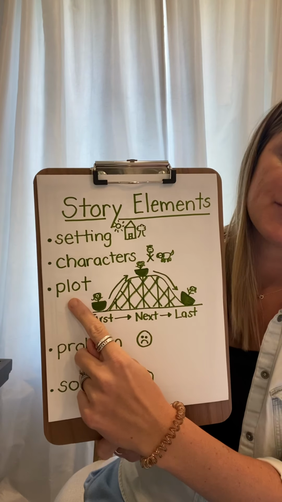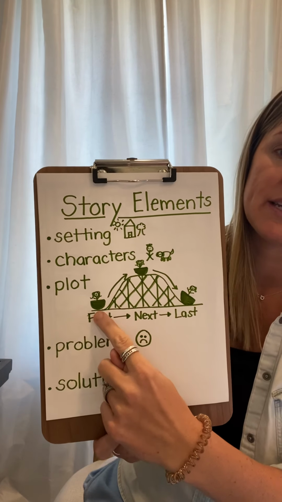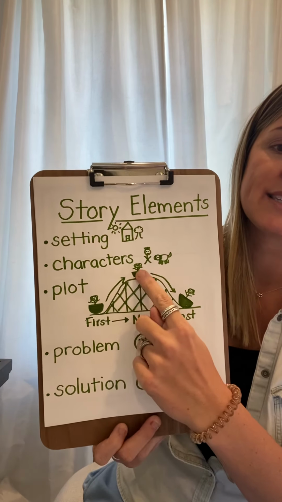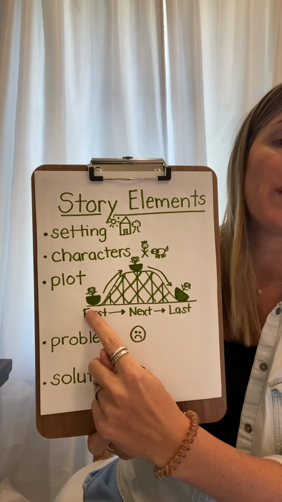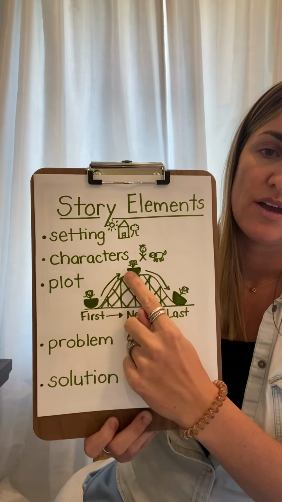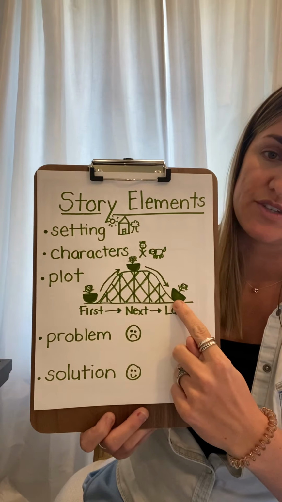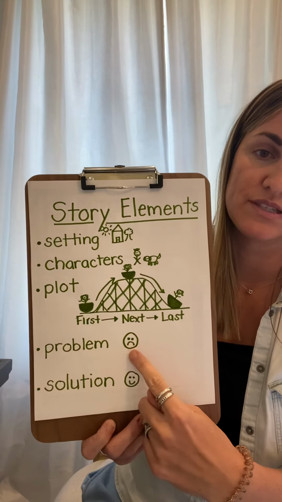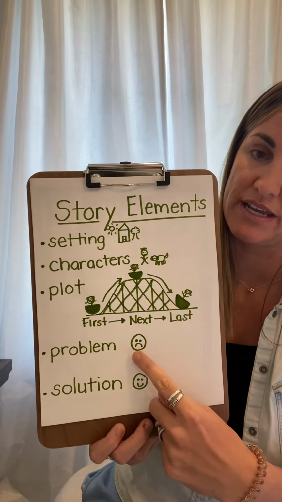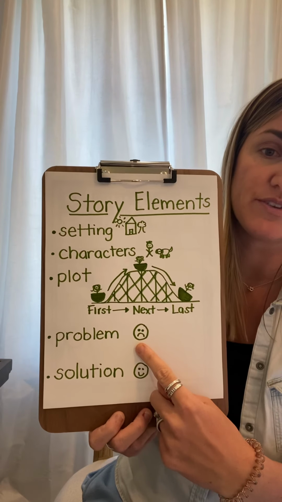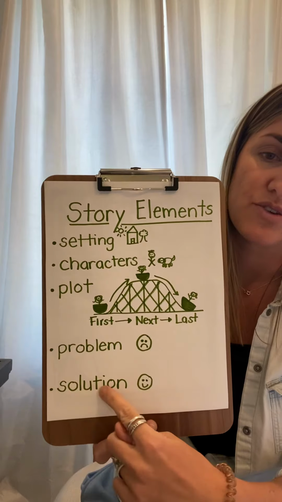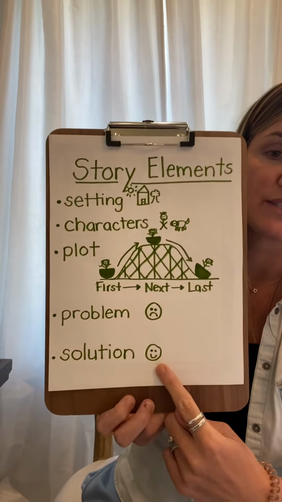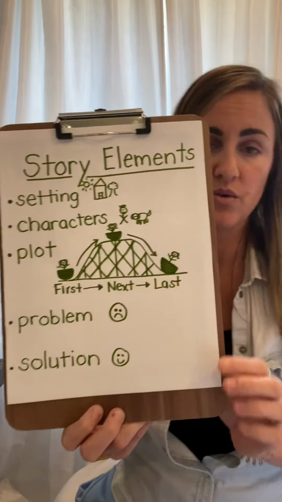The plot is what happens first, next, and last, or what happens in the beginning, the middle, and the end of the story. And within the plot, we always have a problem, something that is not making us happy, that was making us sad or upset, something that we have to fix. And we always end the story with a solution. Now we're happy because we've fixed that problem. So I want you to be focusing on that.